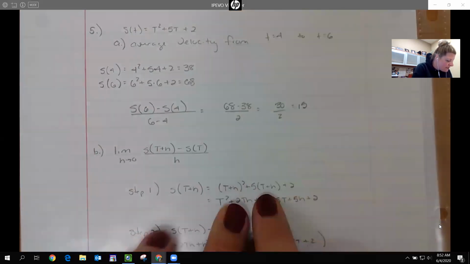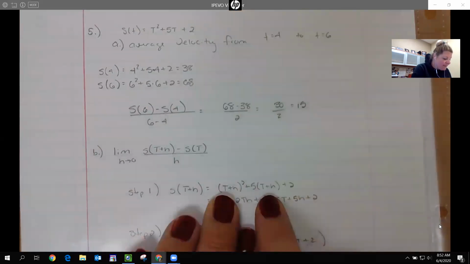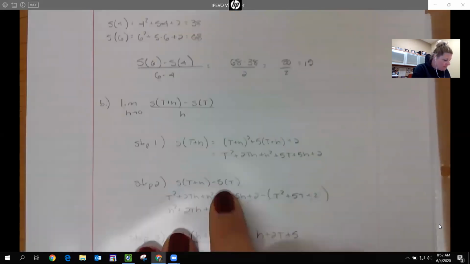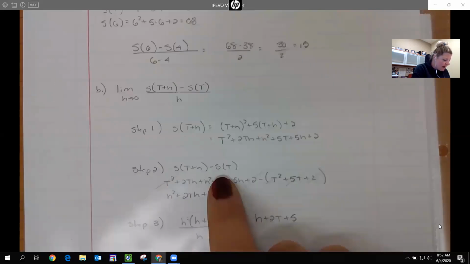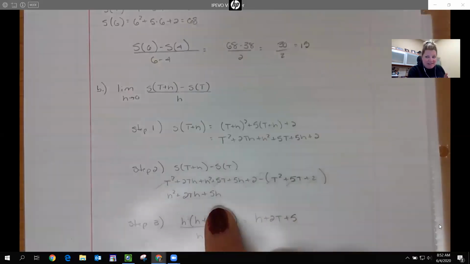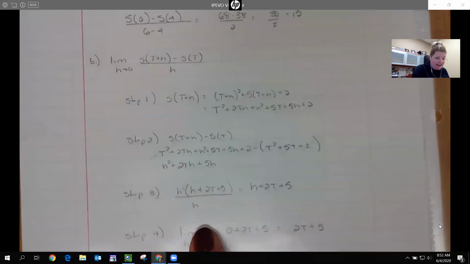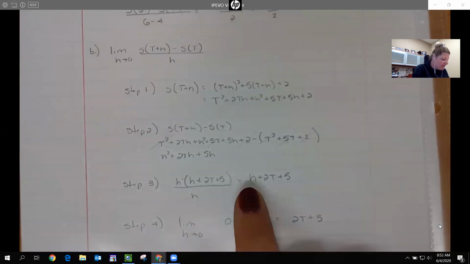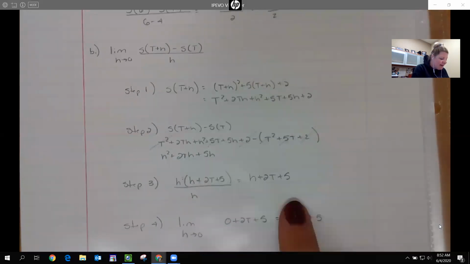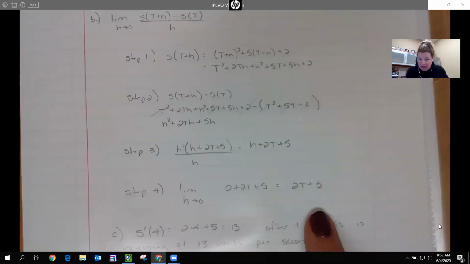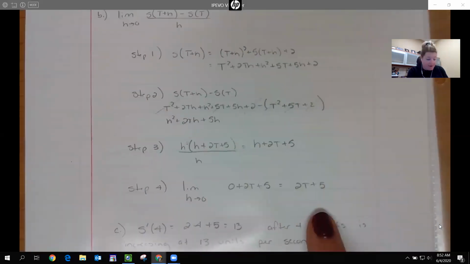So here's our t spots, okay? Simplify. Then I subtract the original. Totally pause and try this to make sure you can do the derivative. Then I'm going to divide by h. It does cancel. I could take an h out of each spot. And then I do the limit, and here is my formula for velocity.